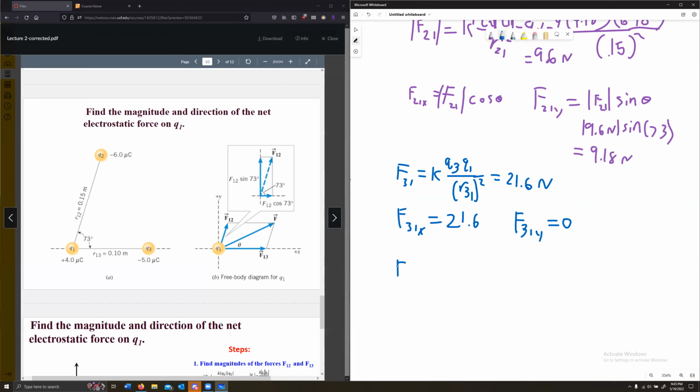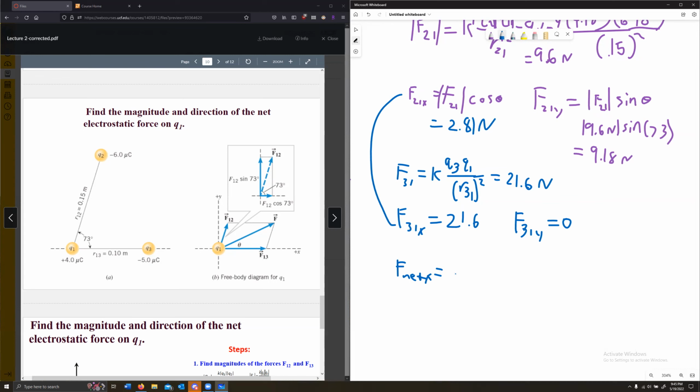If you want to do that, then you say F net x, and what you do is add the x values, so you'd add these two together. I actually didn't write the answer for this one. The x component here is 2.81 newtons.